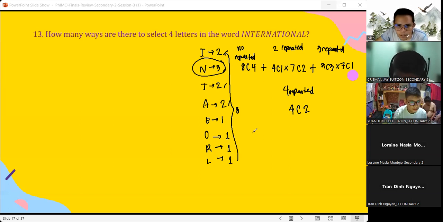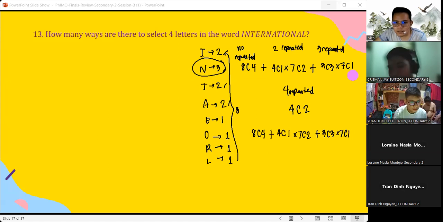So let's rewrite everything. So it's 8C4, meaning here there's no repetition, right? This is 2 repeated, so 4C1 times 7C2, okay? Plus this one here, there's 2 repetition, right? The 3 repeated naman is 3C3 and then times 7C1, okay? Plus 4C2.